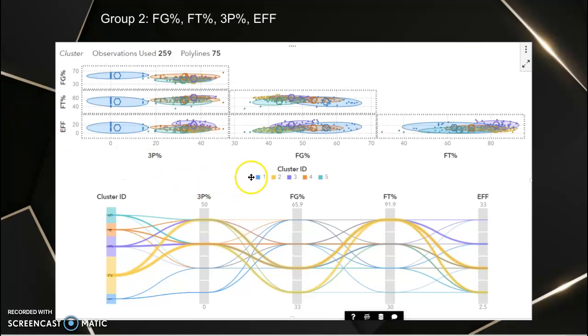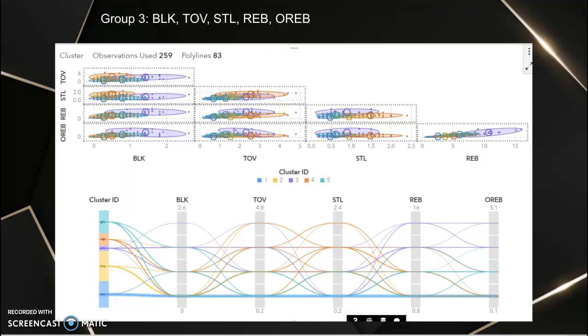Also, the clusters are color-coded, and these are some of the groups. And then we have group 3, which is BLK, TOV, STL, REB, and OREB. And those are also here.